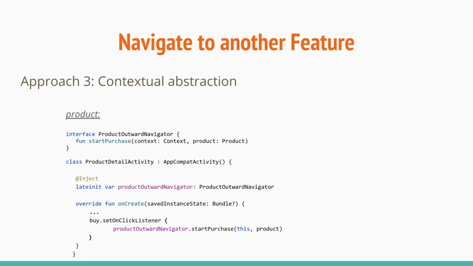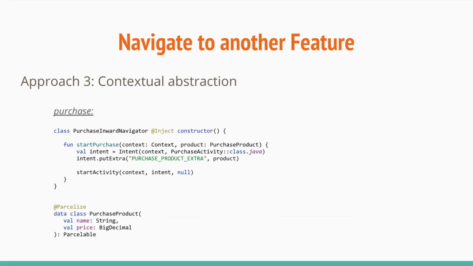From the product detail activity, we will use this product outward navigator and say product outward navigator dot start purchase, and pass the context as well as the product. Now here you can see that product outward navigator is being injected, which means the implementation of product outward navigator is being injected, which we will see soon.